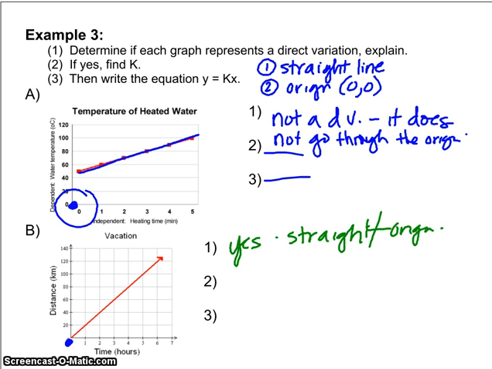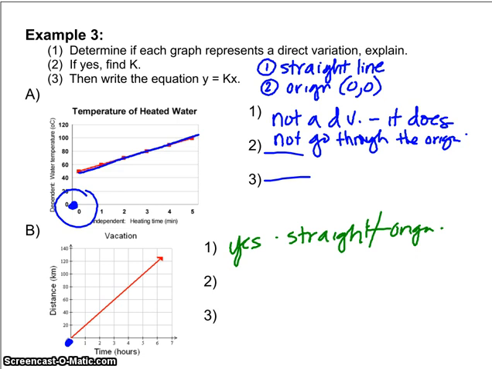So mark that down. Now for the k value, what you need to do is find some plots that are on your line, take the y value and divide it by the x value. Obviously with a straight line we know that we're going to get the same k value, but just check a couple points.